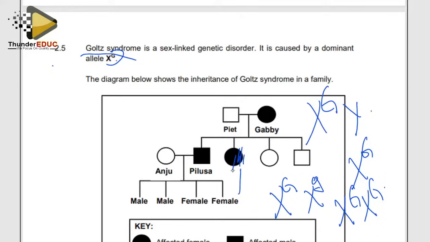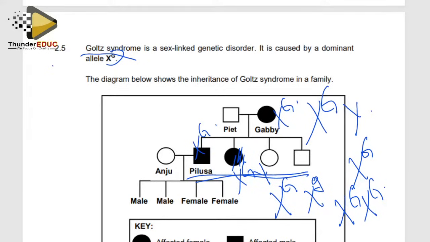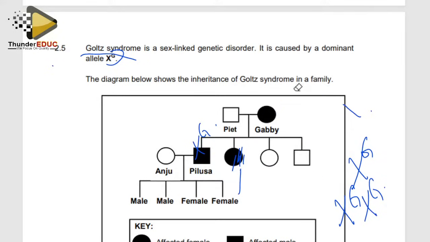Whoever is shaded has a capital letter attached. If it is a male, obviously it's just going to be a Y next to it. If it is a female, we have to look at the offspring and see whether they are affected or not affected. Then we'll know whether she is homozygous or heterozygous. Is it clear? So now let's find out what they are saying.